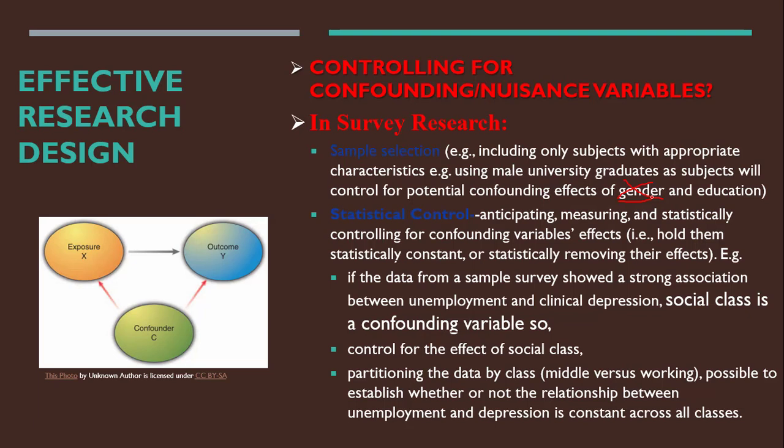Let's say we're looking at academic performance or academic achievement. We might control for class by looking at those who are from this particular class and those who are from that particular class.